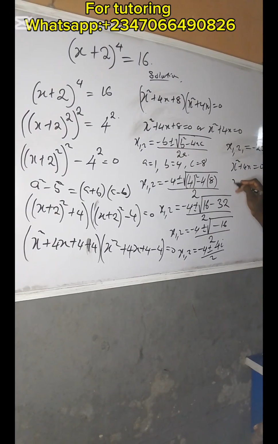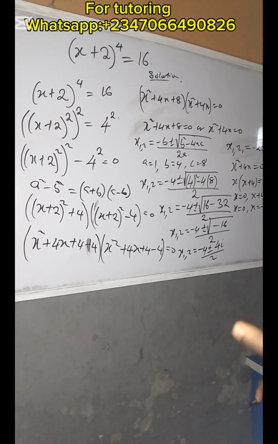Then x(x + 4) equals 0, so x equals 0, or x plus 4 equals 0, which means x equals minus 4.